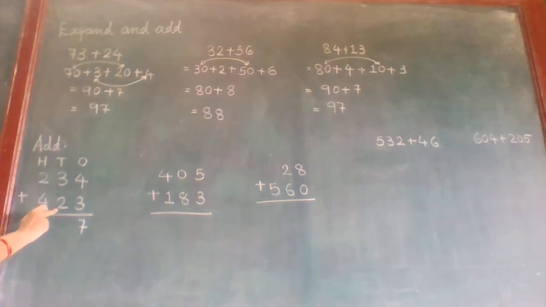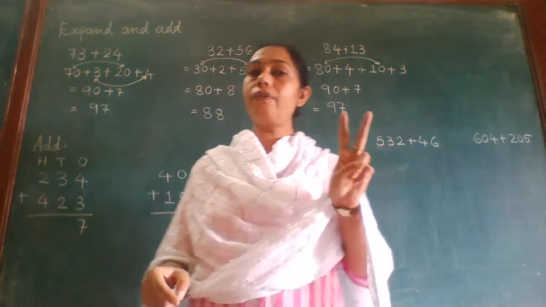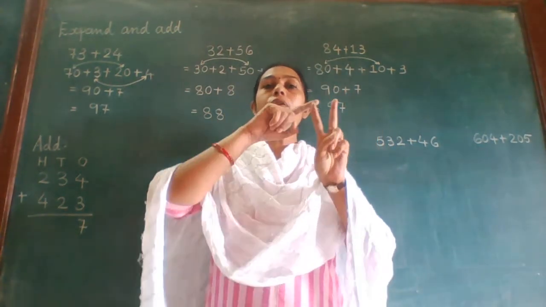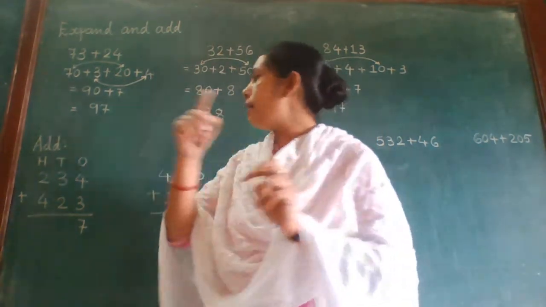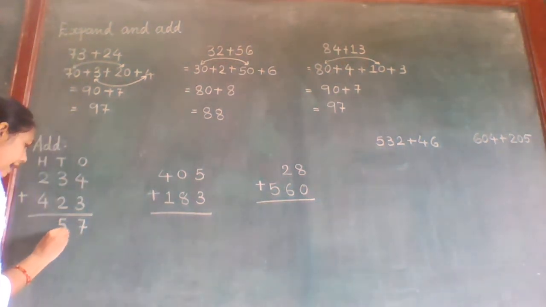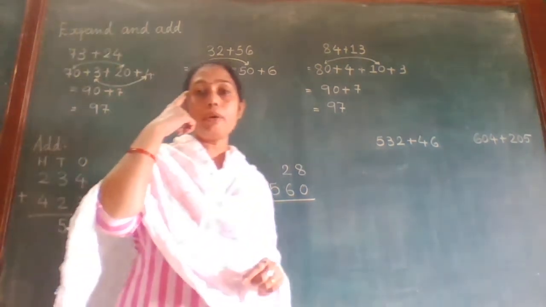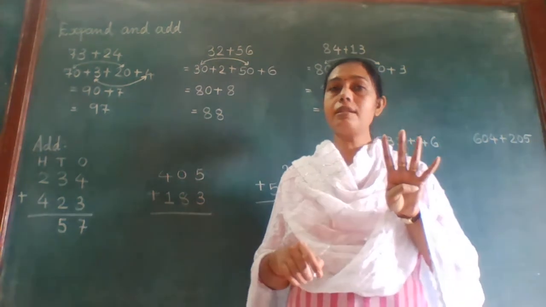Then 3 plus 2, tens place. 3 keep in your mind. Take 2 fingers. After 3, 4 and 5. Means 3 plus 2 is equal to 5. That 5 we have to write in the answer place. Now 2 plus 4. 2 keep in your mind. Take 4 fingers.